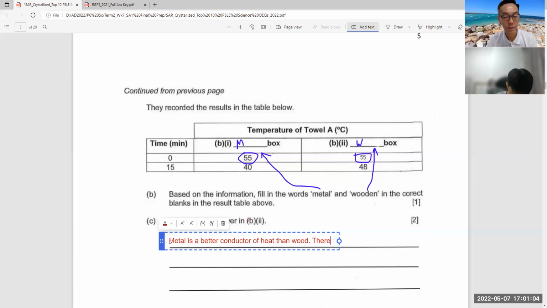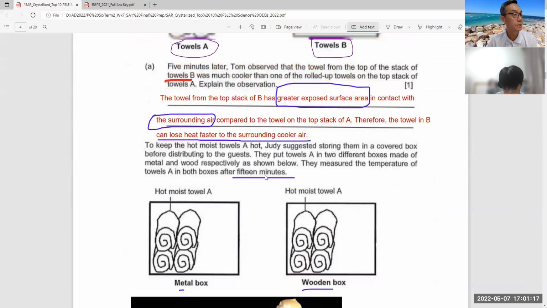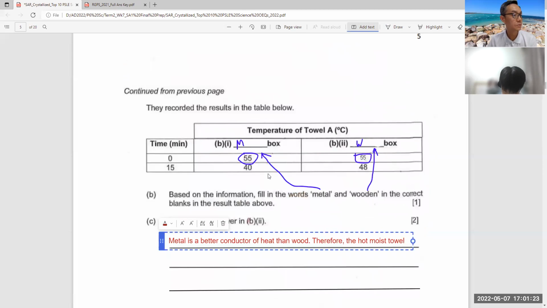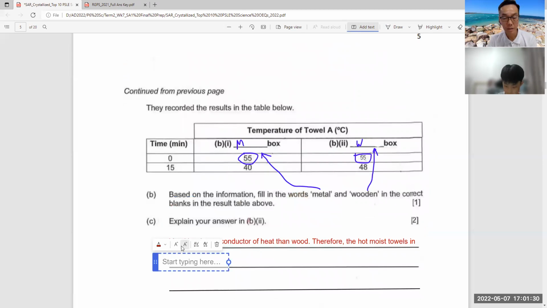So therefore, the hot moist tower A, the hot moist tower in the metal box can lose heat faster to the metal surface in contact with the towers.